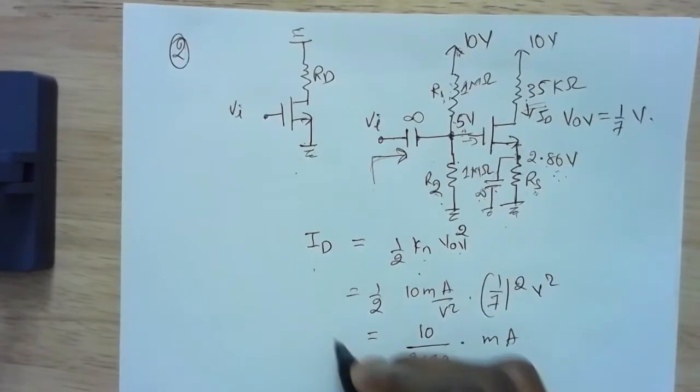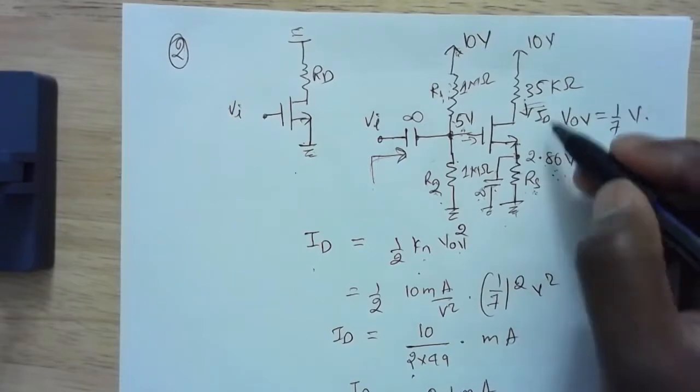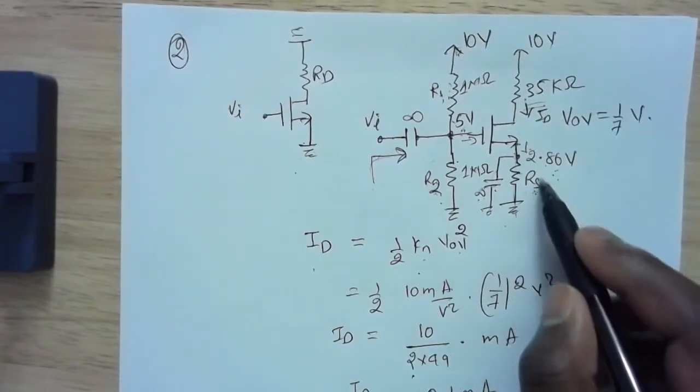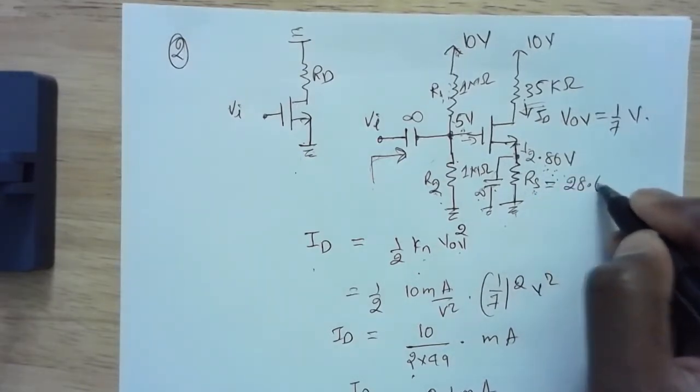This is ID. 49 times 2 is 98, which is approximately 100, so this will be 0.1 milliamp. That's ID. If this is 0.1 milliamp and I want a voltage drop of 2.86, that means my RS should be 28.6 kilo ohm.